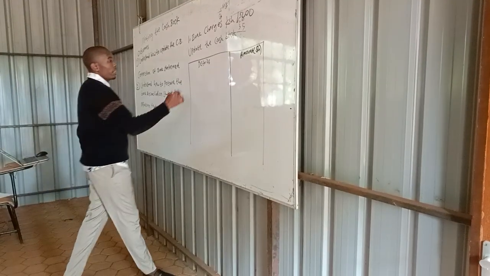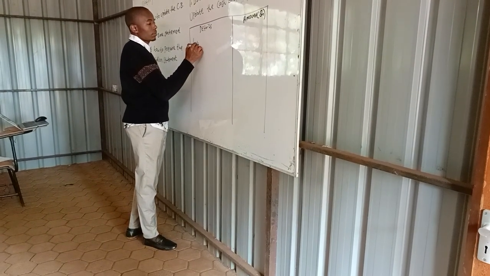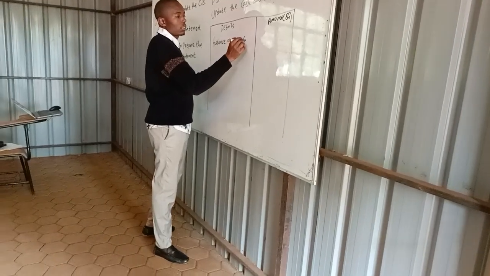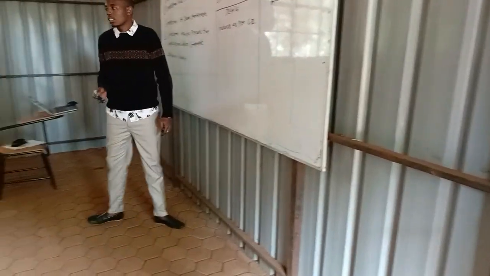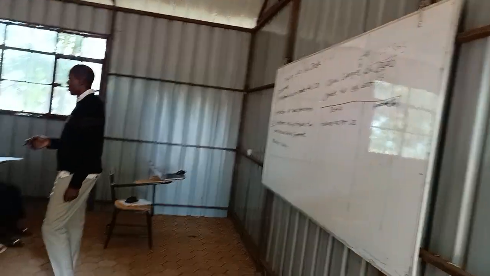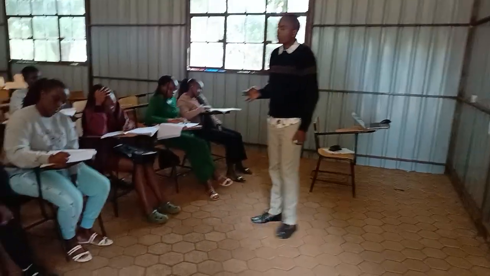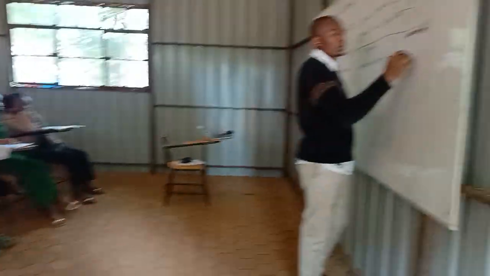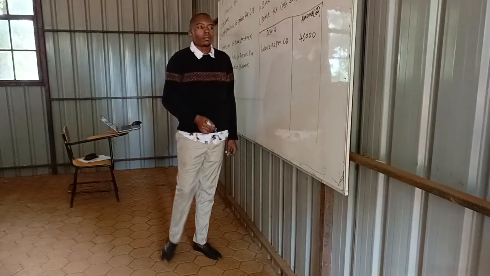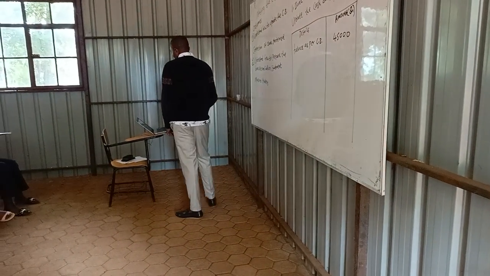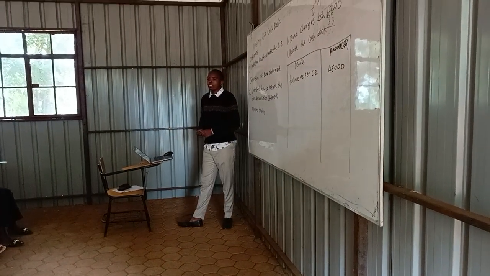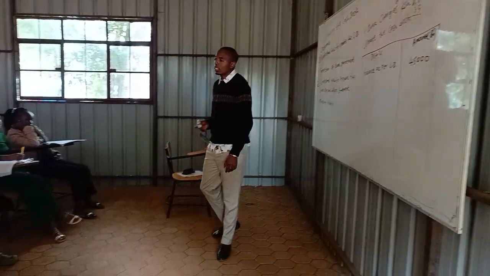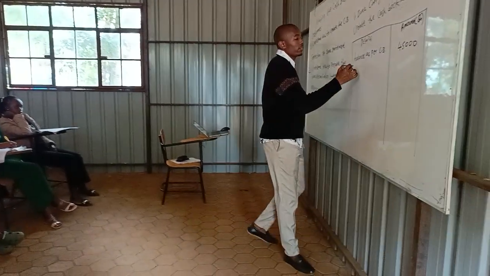We have the balance as per the cash book. How much was it? 45,000. Then we have the interest received. We add that, as it was money in.